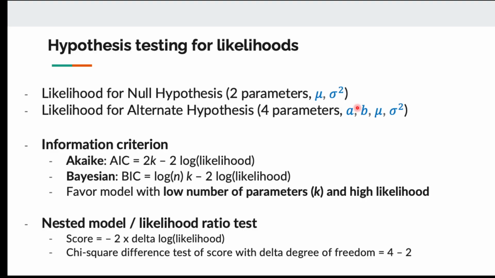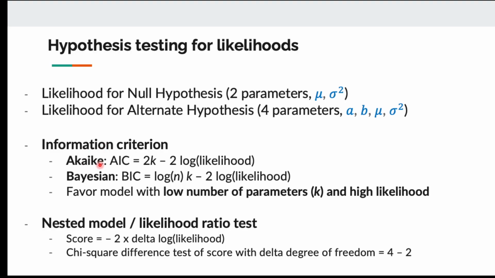So there are many ways that you can compare these two. I think in the past lecture, we mentioned something about likelihood ratio tests. For this lecture, I'm going to add more techniques, more tools that you can use. Information criterion, you saw it in the assignment for the phylogenetic question.